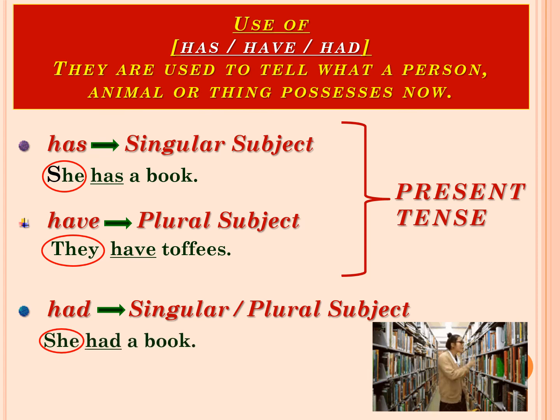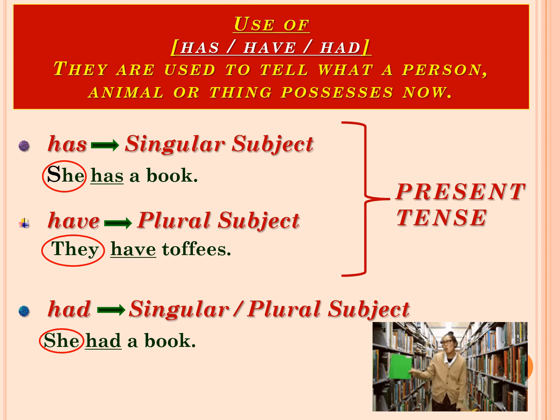Have a look over here at this example. She had a book. Here the subject is she, which is singular. But with singular, we have used had because here we want to tell she used to have a book. We don't know whether she has it now or not. We're talking about past. So whenever we are talking about past, we will use had to show possession.